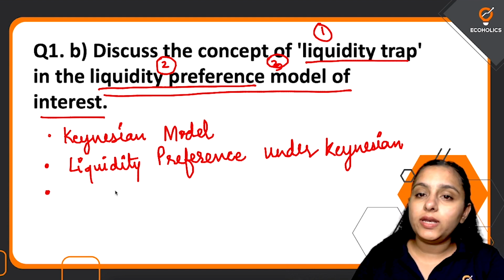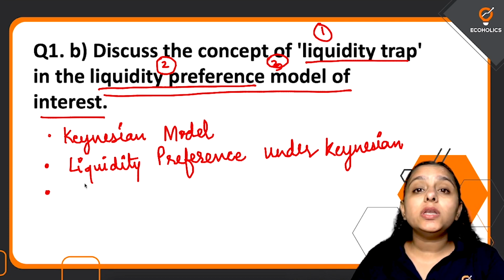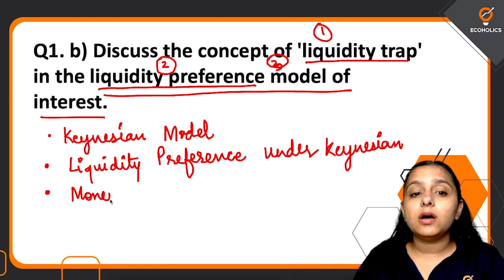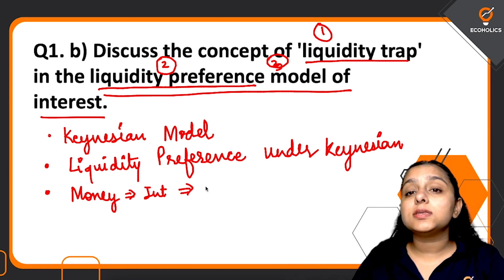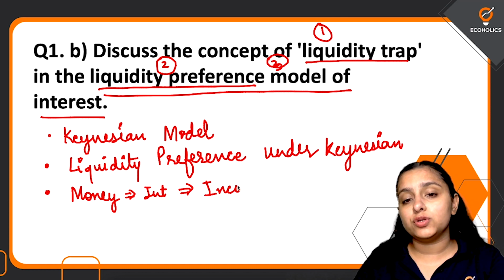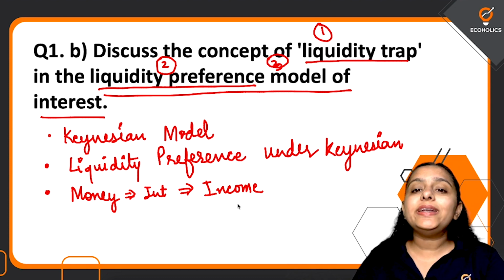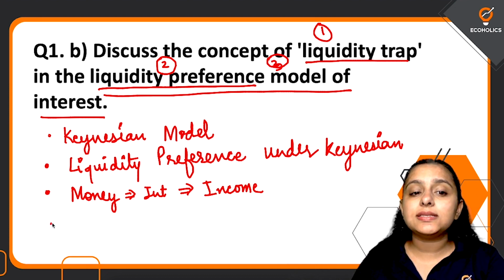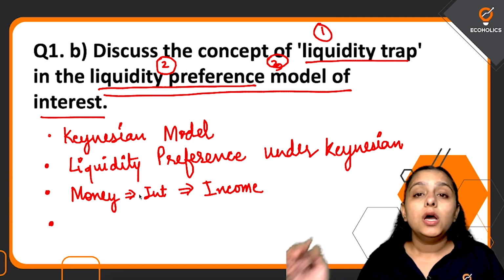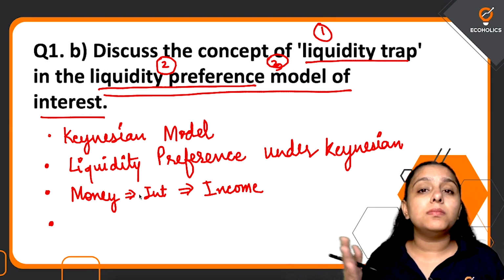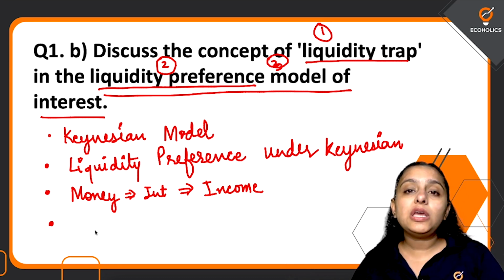Next, what is the liquidity preference model of interest? In Keynesian theory, money affects the interest rate, which affects the income of individuals. So money has an influence over income. The liquidity preference model of interest says that the liquidity preference of individuals, together with the money supply given to you, leads to the equilibrium interest rate.